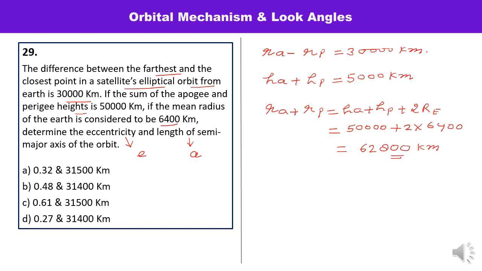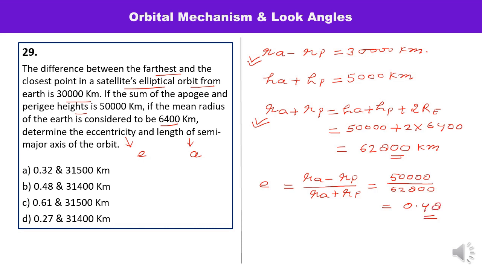Now you have two terms, and by using these two you can calculate E. E will be RA minus RP upon RA plus RP, which is 50,000 upon 62800. Simplify it, and you will be getting this value as 0.48. So this is one answer.